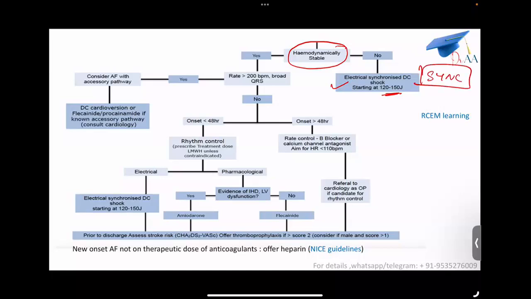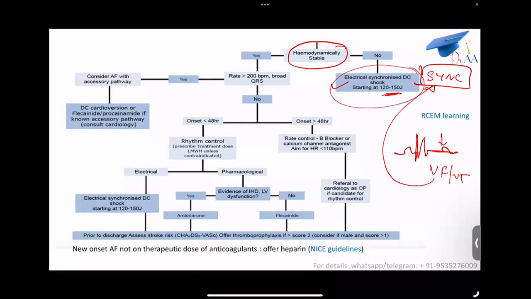The reason it has to be in the synchronized mode is that it shocks just before the R wave. If you shock on the T wave, for example, it might trigger VF or VT. So you will cause more harm if you don't put the defibrillator in synchronized mode. That's the reason synchronized mode is important.